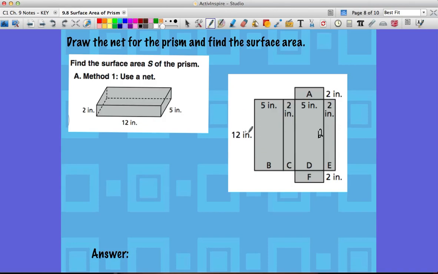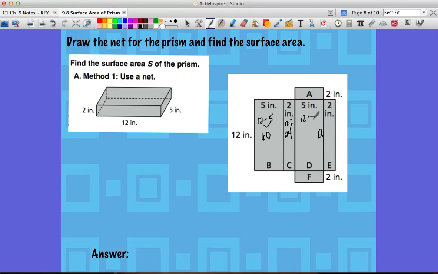Right, so now I know that in order to find the surface area, I need to do the multiplication. So in this case, this one is going to be 12 times 5, which gives me 60. This one is 12 times 2, which gives me 24.